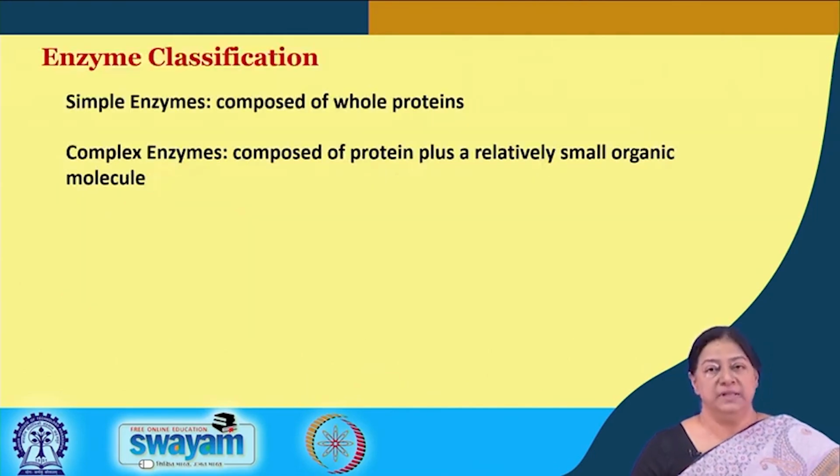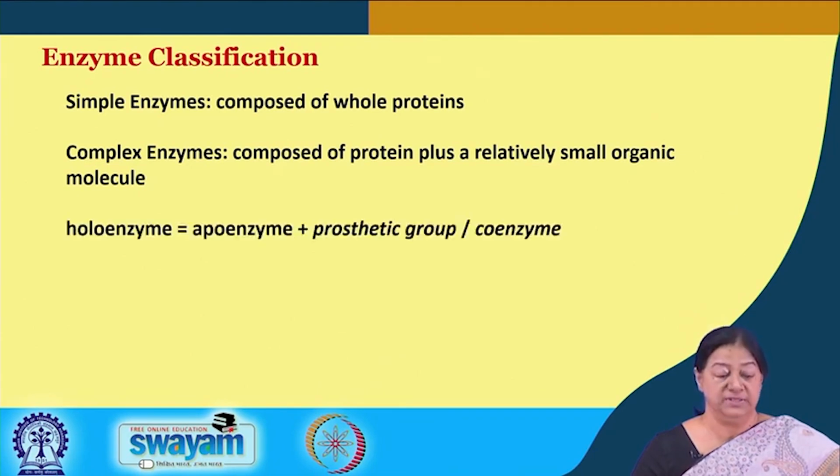There can be simple enzymes. These simple enzymes are composed of whole proteins. The complex enzymes will be composed of the protein, but in addition to this, it can have what is called a prosthetic group or a cofactor, or it might need even a metal for its catalytic activity to be complete.